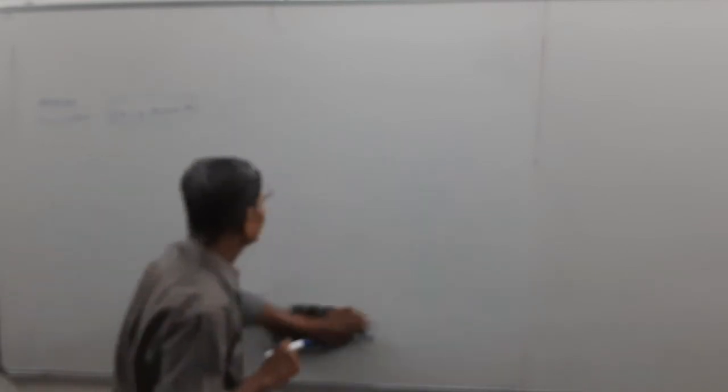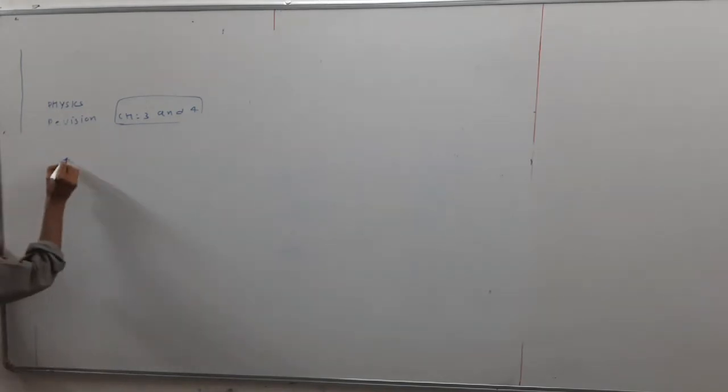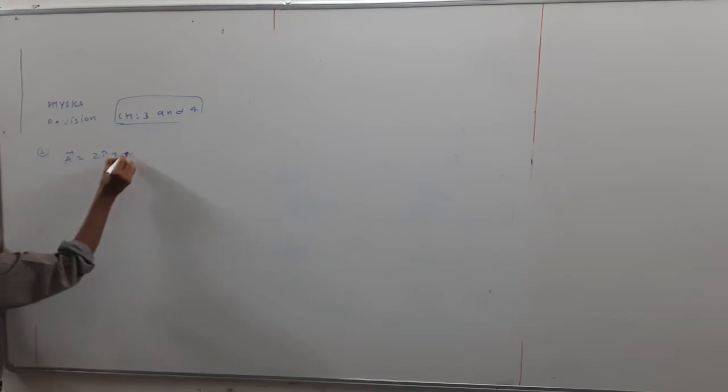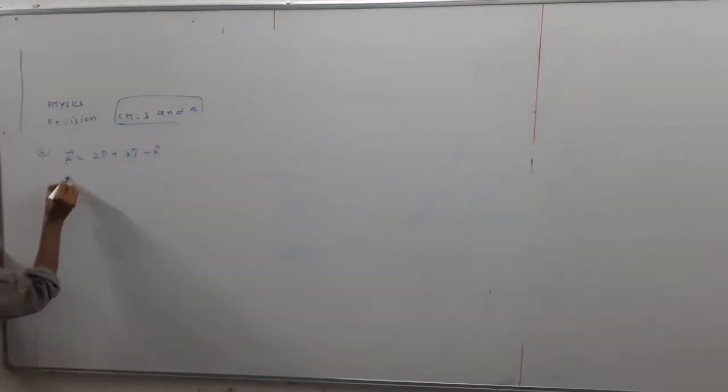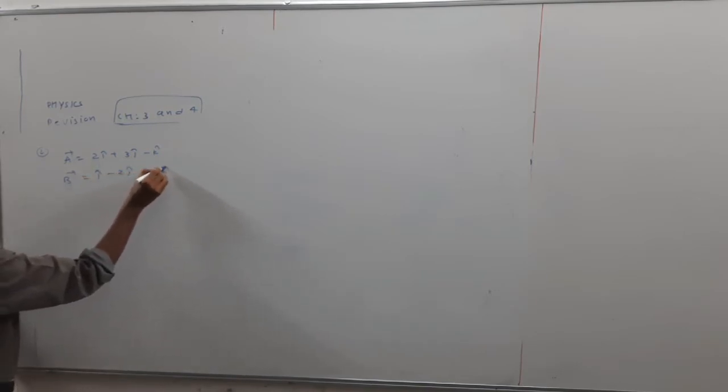Now see, we studied about the scalar product and vector product also. Suppose we have to find out, let us say A is given as i minus 2j plus 3k.